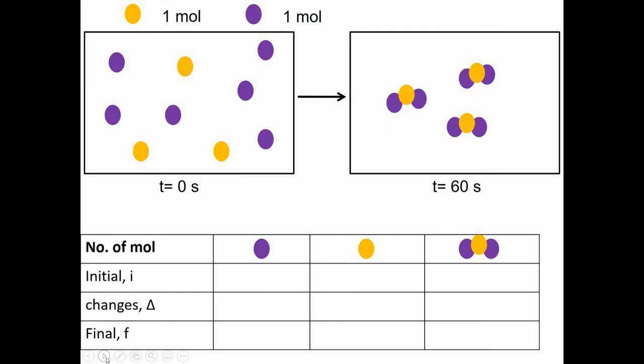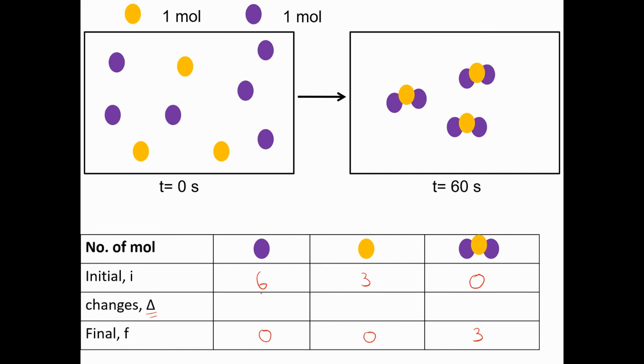Now, let's do one more. The purple one we have 6 initially, then the yellow we have 3 initially. Then after some time, initially no product formed, so you cannot see any product here. Finally we have 0 reactant and 3 moles of product. What does change mean? Change means how much has been reacted.